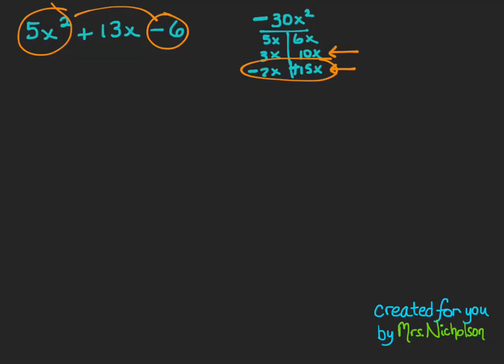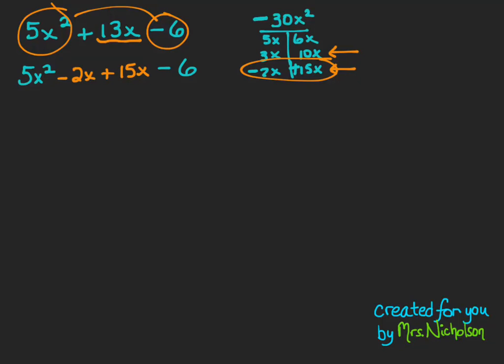So I'm going to come back over here to my quadratic, and I'm going to rewrite 5x squared stays the same, but instead of 13x, I'm going to write minus 2x plus 15x. And then I'm going to keep the minus 6 at the end. So again, all that I did is I changed 13x to be negative 2x plus 15x.